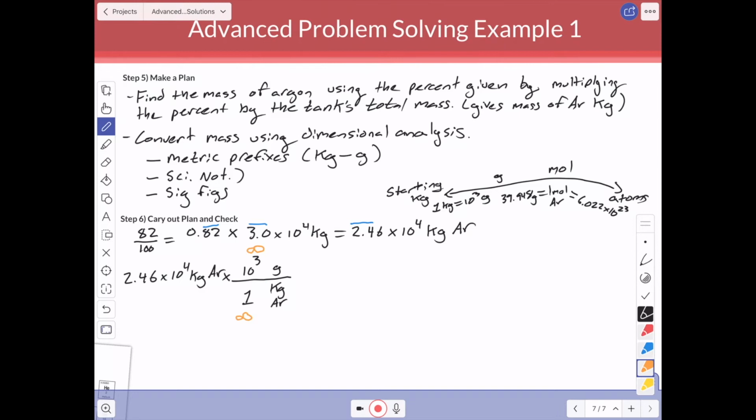When we're doing conversion factors like metric prefixes, these have infinite significant digits because they're what we call perfect numbers, right? We know that 1 perfect kilogram has 10 to the 3 perfect grams in it.